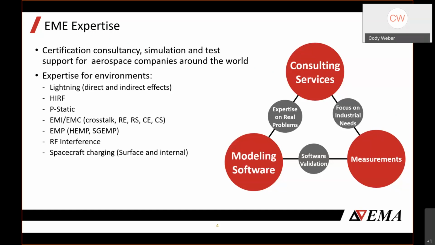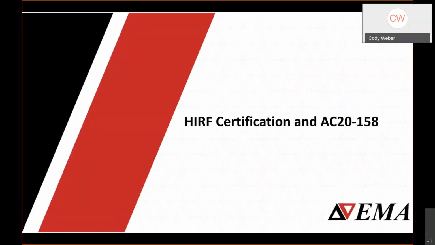RFI, we have a team here dedicated to doing co-site radio frequency interference characterization with your antennas and your platform. And then we also have a growing team of spacecraft charging analysis. We have a software that we use for that to evaluate charging effects on dielectrics in space environments. And as I mentioned, we also have a radiation effects laboratory that we're building out in Pittsfield, Massachusetts. So that's just a brief introduction to who we are as a company.